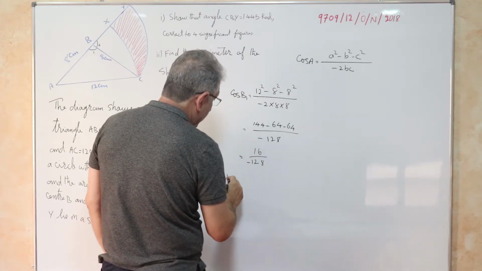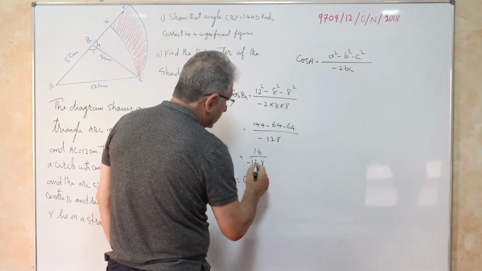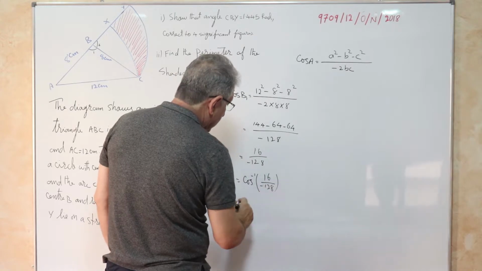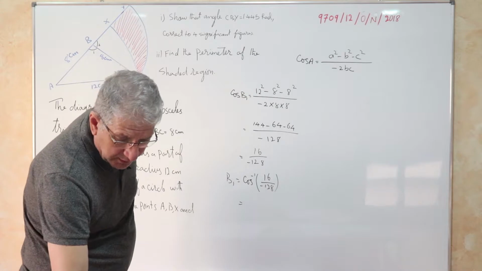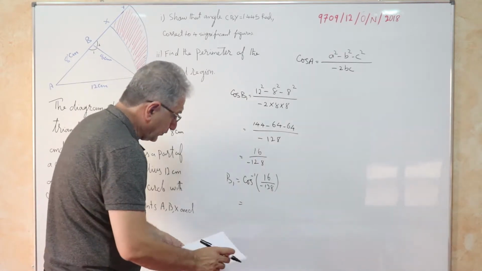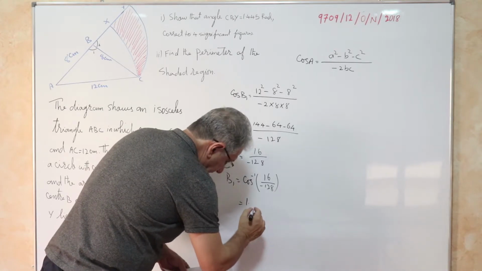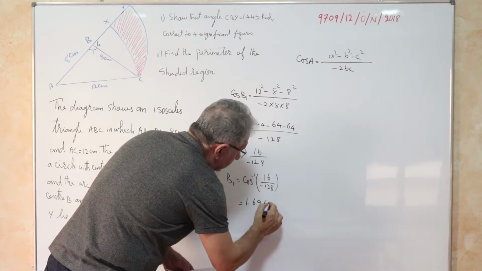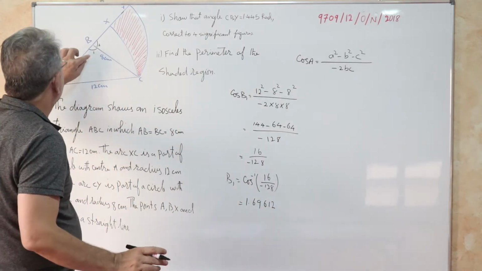Then to find B1, this will be cos inverse of this number, 16 divided by negative 128, which is equal to 1.69612. Therefore this is this angle B1.